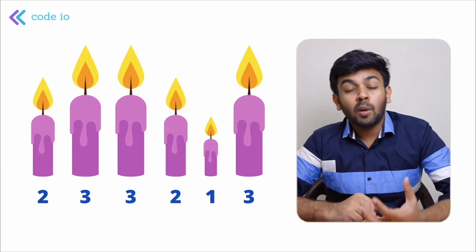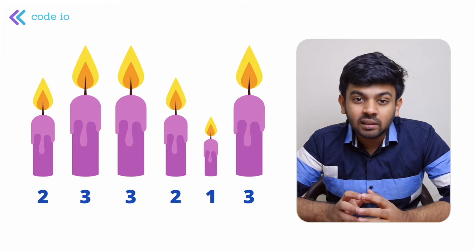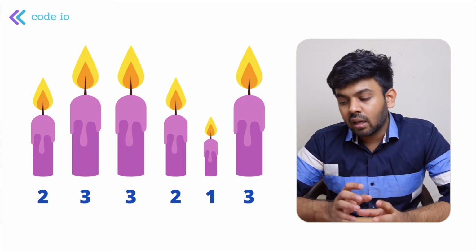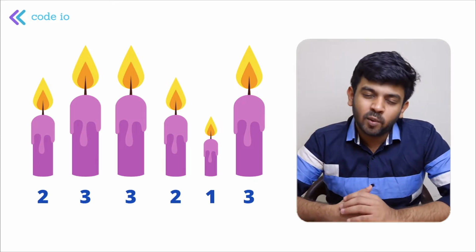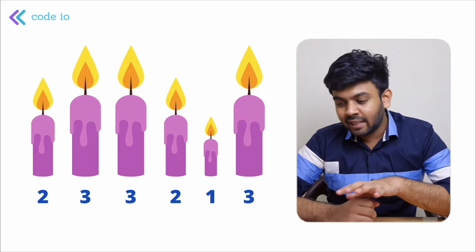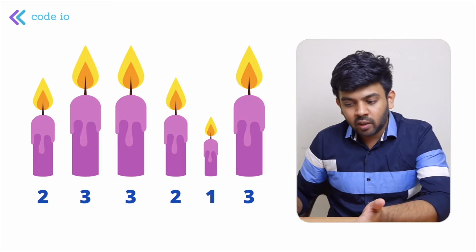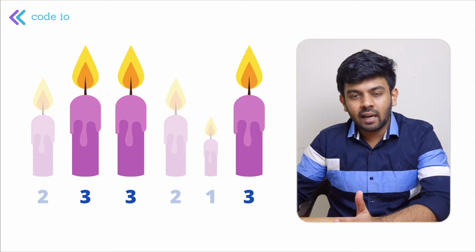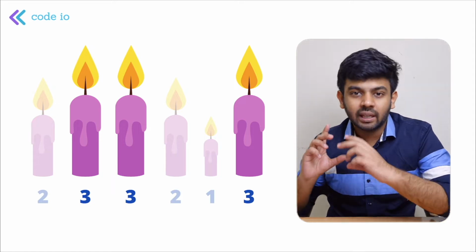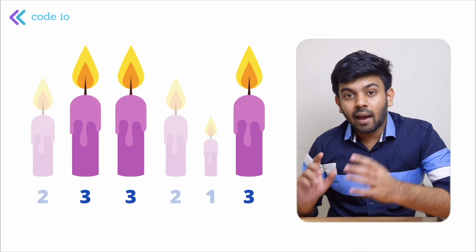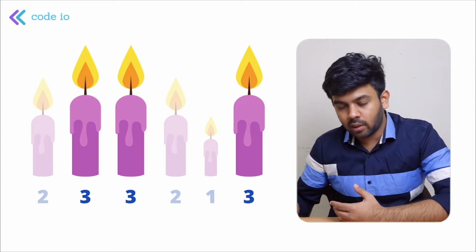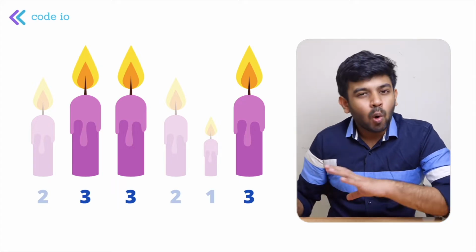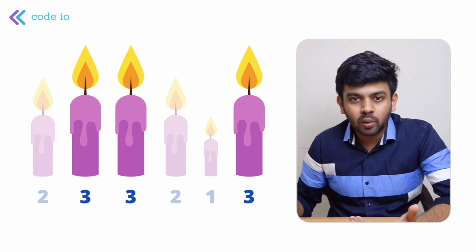You are supposed to find the number of candles that will be blown off. In this example, these three candles will be blown off because they are of height 3, and 3 is the maximum height in this array, so that is the answer.